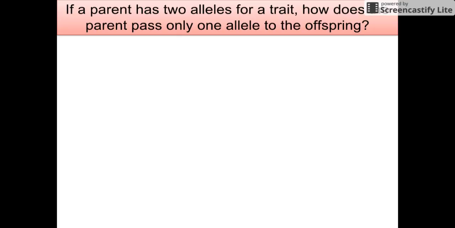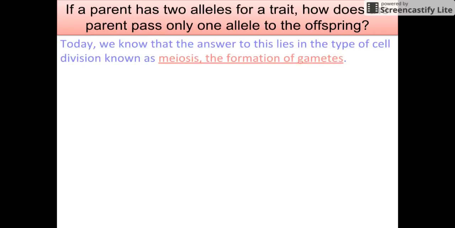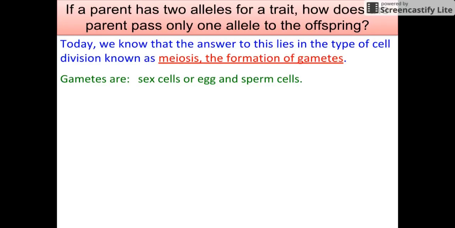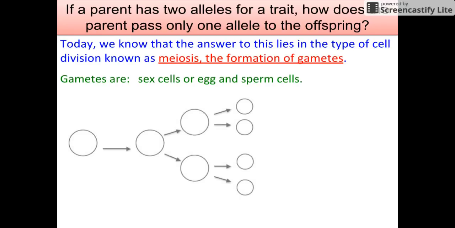So if a parent has 2 alleles for a trait, how does the parent pass only one allele off to the offspring? This is what we talked about when we did meiosis. Today we know the answer to this lies in the type of cell division known as meiosis and the formation of gametes. Gametes are sex cells, or egg and sperm cells.